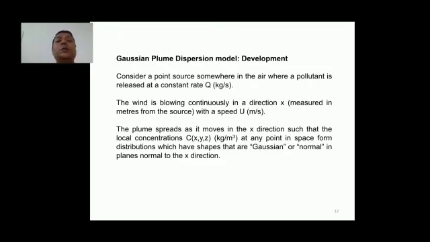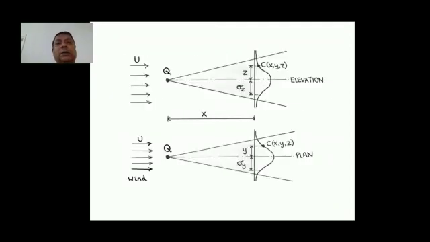The plume is spread as it moves in the x direction such that the local concentration C(x,y,z), kg per meter cube, at any point in space forms distributions which have shapes that are Gaussian or normal in planes normal to the x direction.